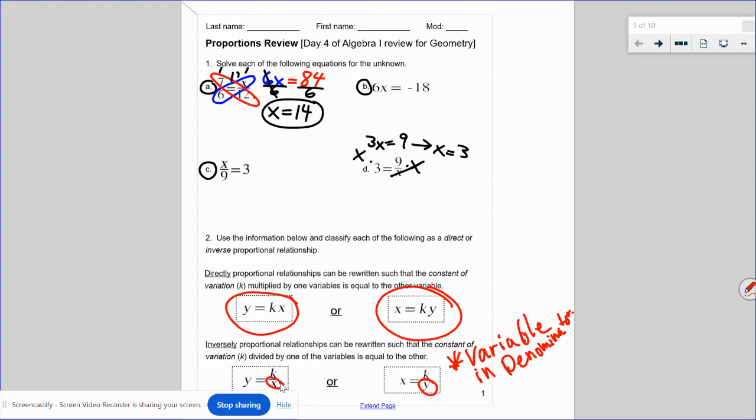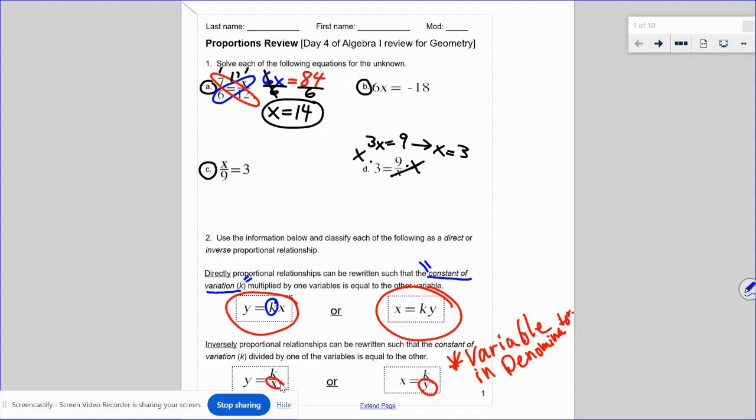The k really just stands for a number, but this number, the k, we call the constant of variation. That's the number we're either multiplying or the number that is getting divided. So if you see that term constant of variation, that's all we mean. We just mean that number. If you ever have to find the constant of variation, we mean find that number. That's all we mean by that.